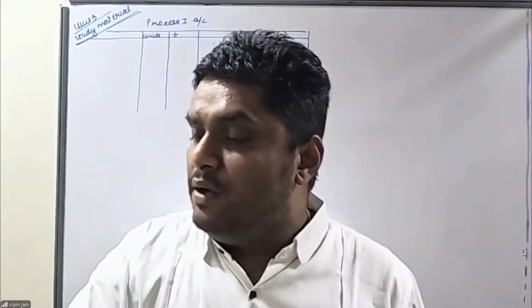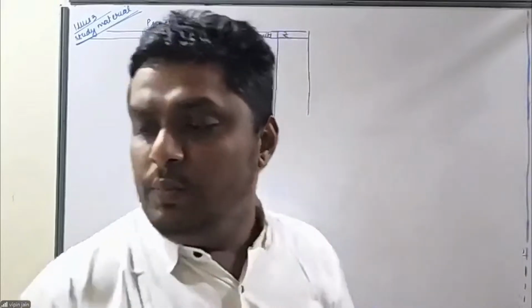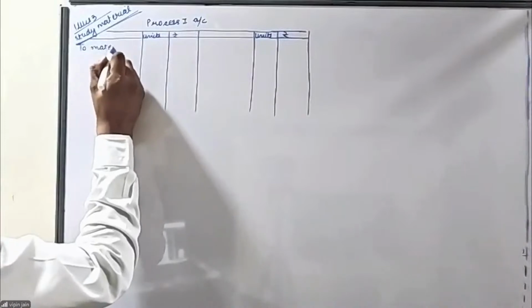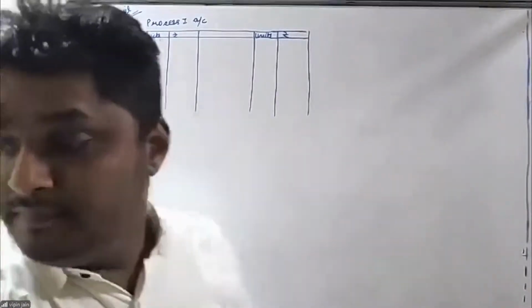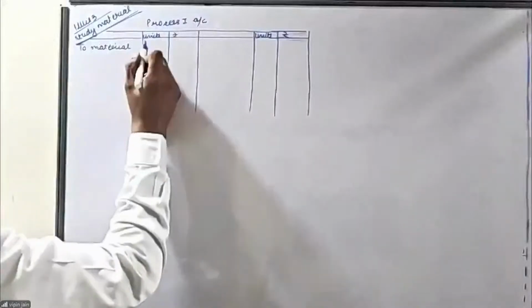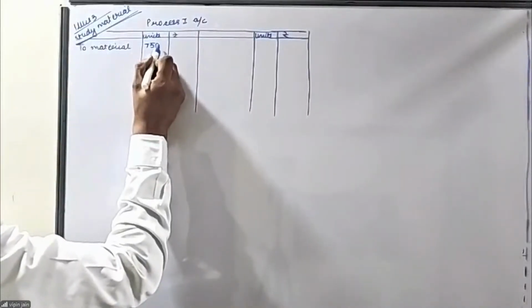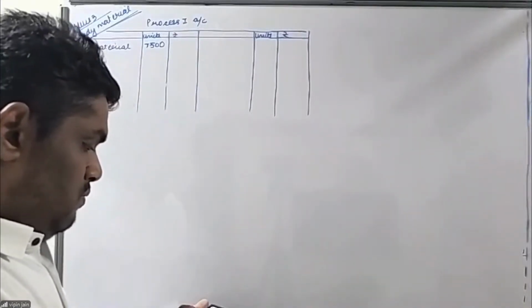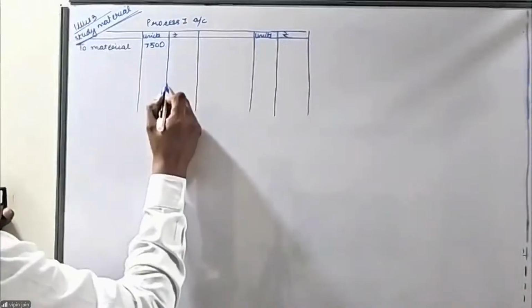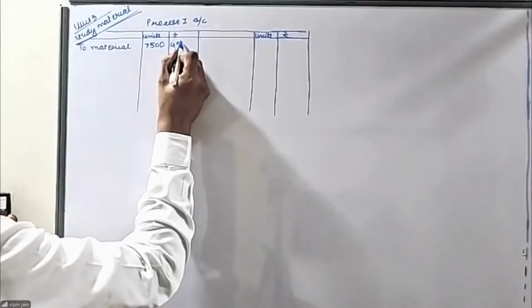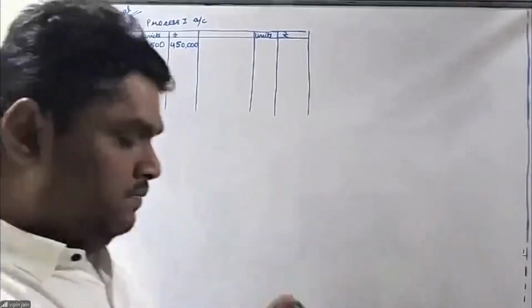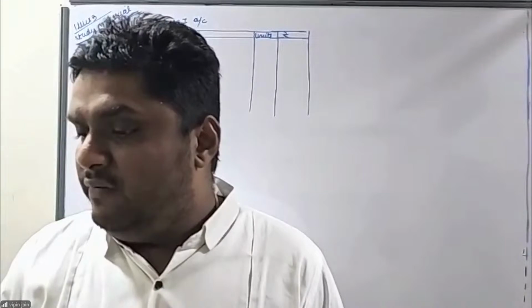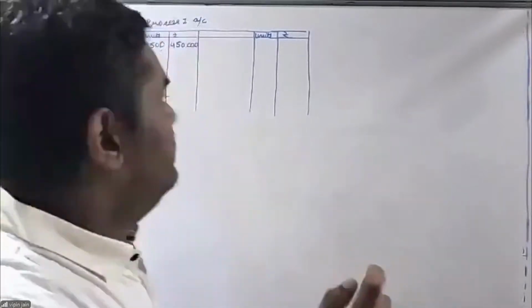The raw material is 7,500 units, purchased at the rate of 60 rupees, so this will be 4,50,000. Thereafter, direct wages are there, 1,35,750.